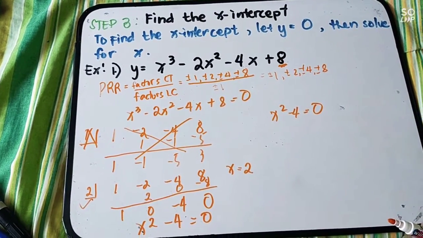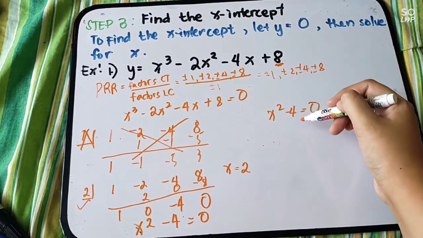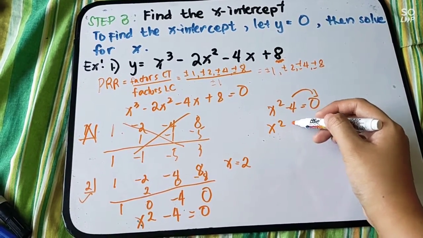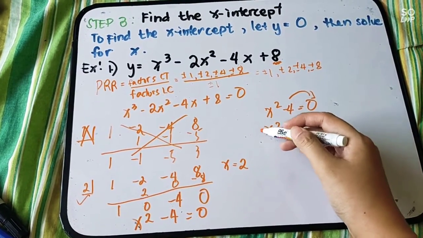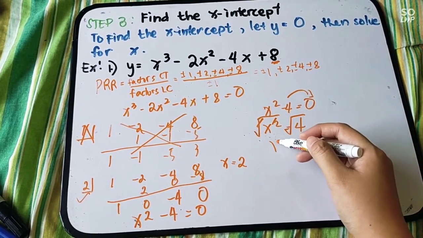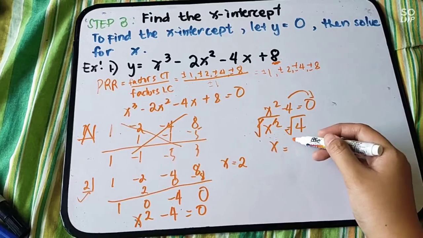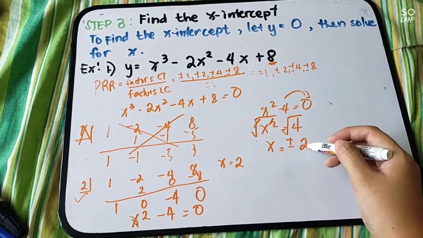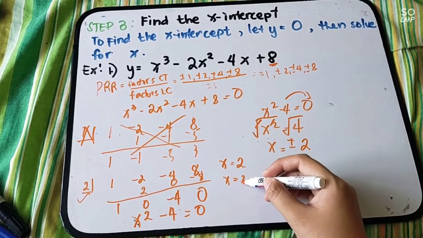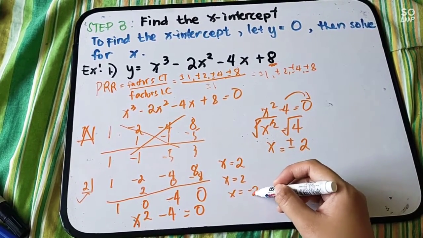Then, solve this one. You can transpose this. So, you have x squared is equal to positive 4. Then, take the square root of both sides. The square root cancels the x. Since it is squared, the answer is positive and negative 2. Square root of 4. So, we have x is equal to 2 and x is equal to negative 2.